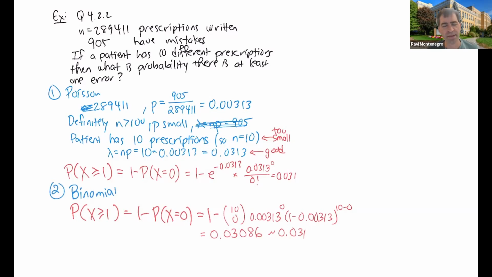Let me fix the answer to number 1 to have more decimal places of accuracy, just for comparison. So if I had wanted to improve this and make it even better, I type this in where I didn't do any rounding until the final answer, and I get 0.03079.